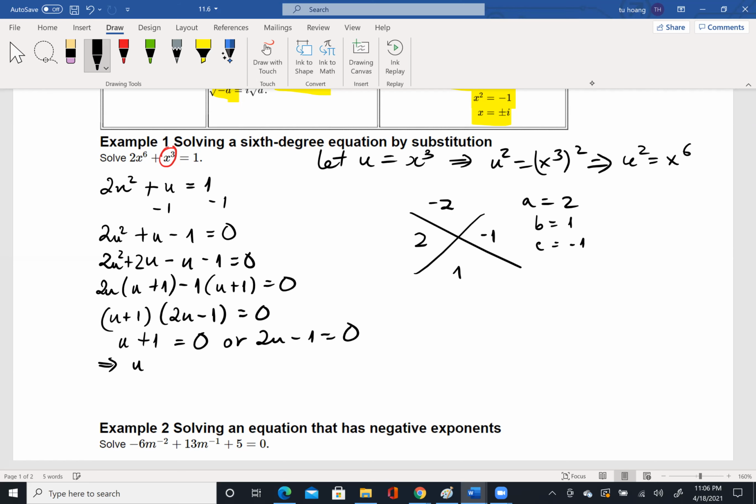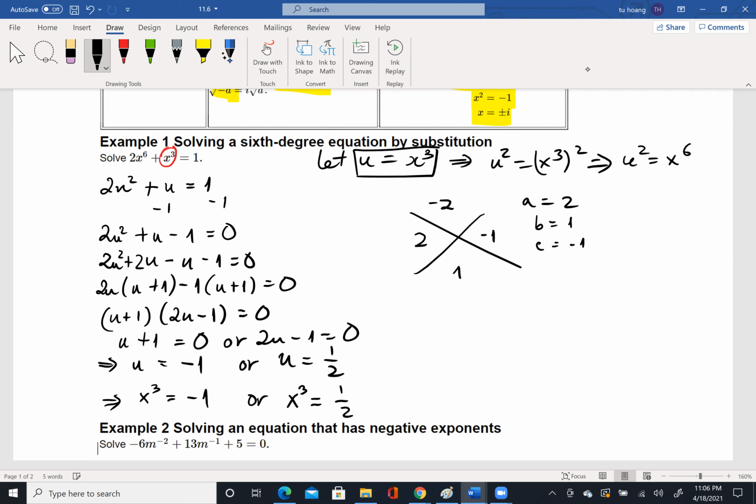You subtract 1 from one side, you have u equal to negative 1, or u equal to 1/2. Remember that u is x cubed, right? Now I re-substitute for u, which is x cubed: x cubed equal to negative 1, or x cubed equal to 1/2.